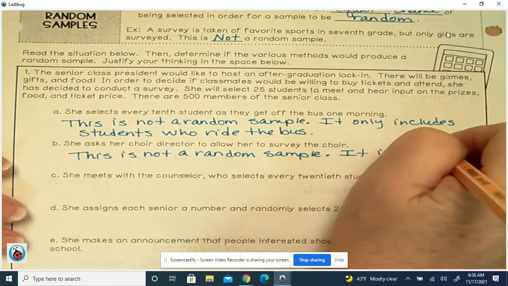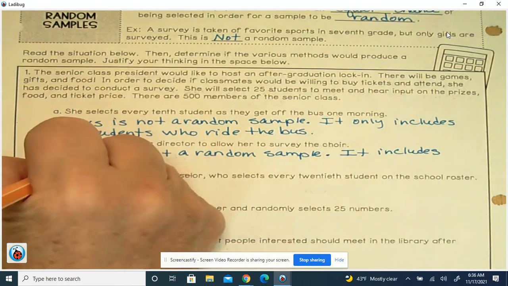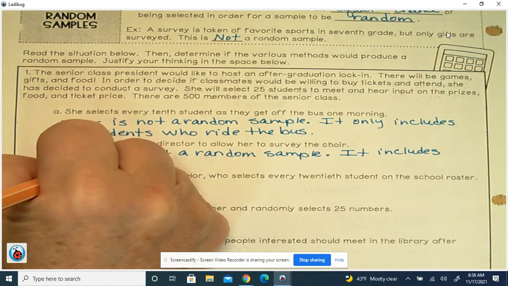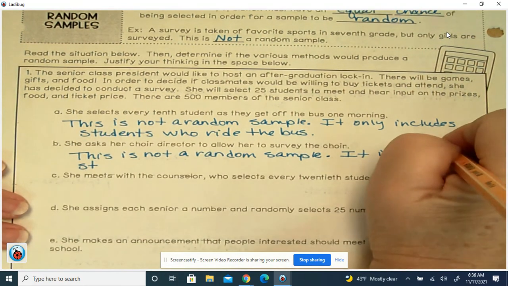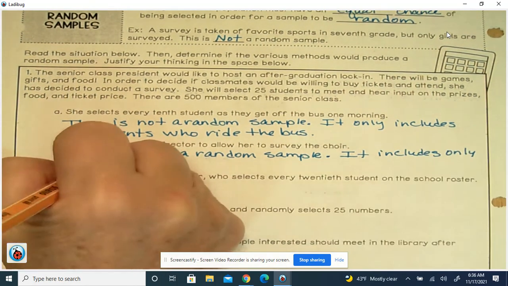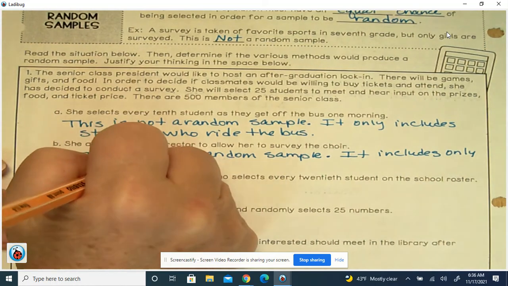It includes only students who are members of the choir.